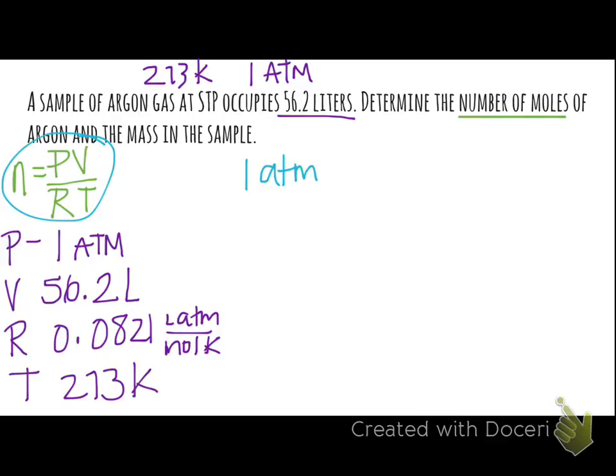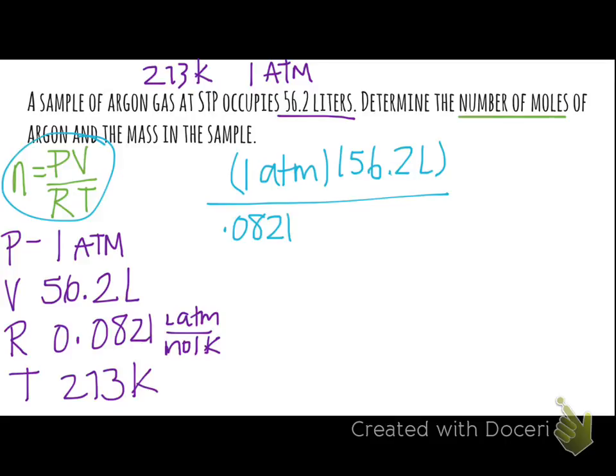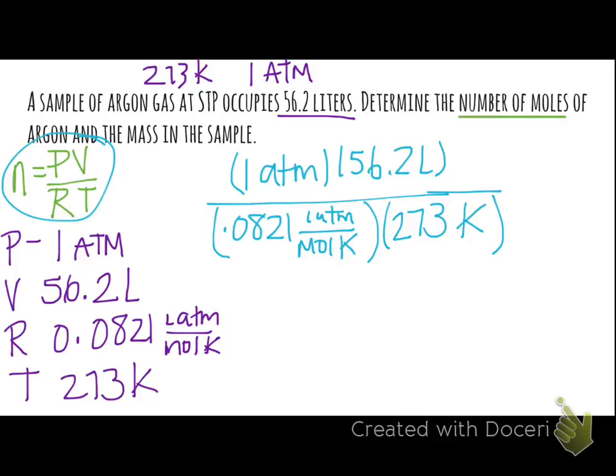1 atm times 56.2 liters over RT, which is 0.0821 liter atmosphere per mole K times 273 K. All right, let's check those units first. Atmospheres, atmospheres, liter, liter, Kelvin, Kelvin, and we are left with moles.